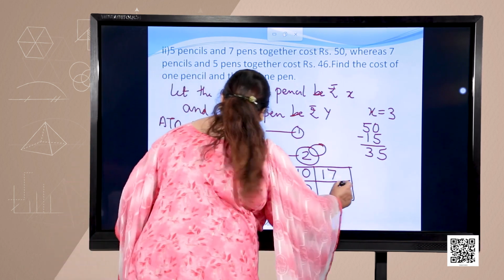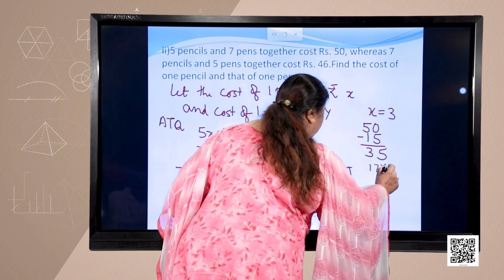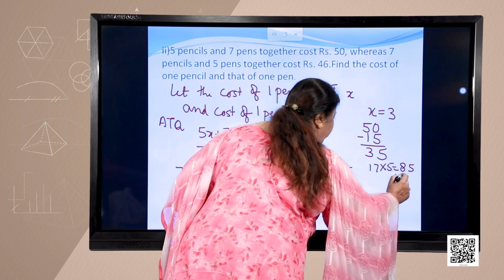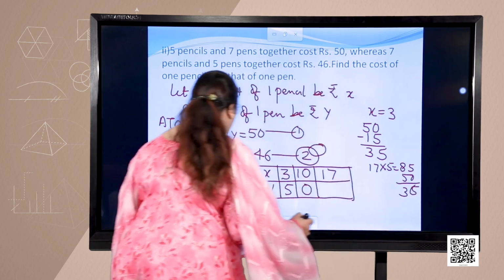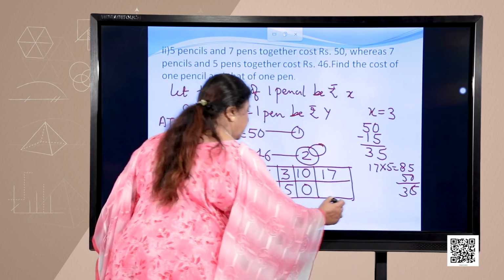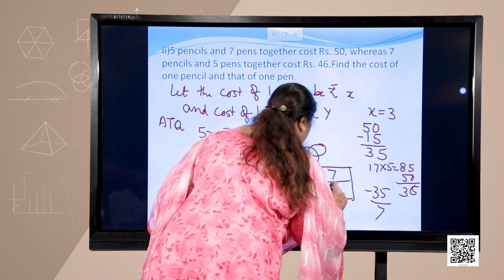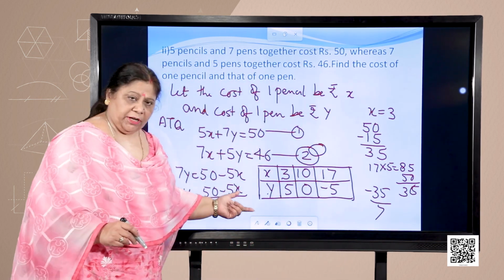So what is 17 fives? 85 minus 50, it gives me minus 35. So what is minus 35 by 7? Minus 5. So this way we can calculate the points.